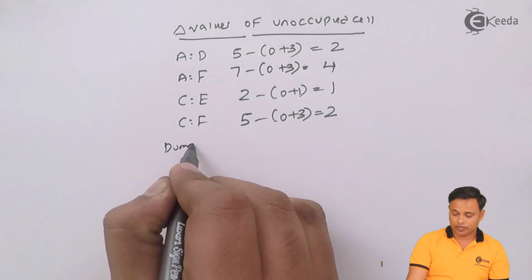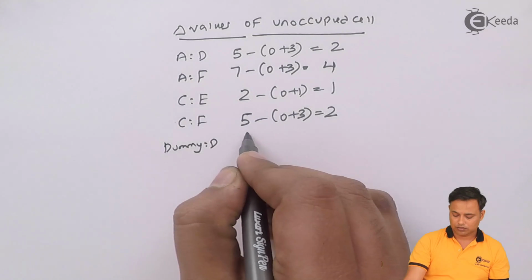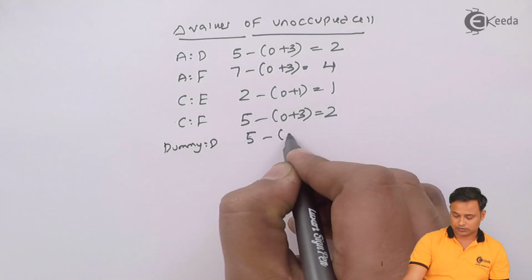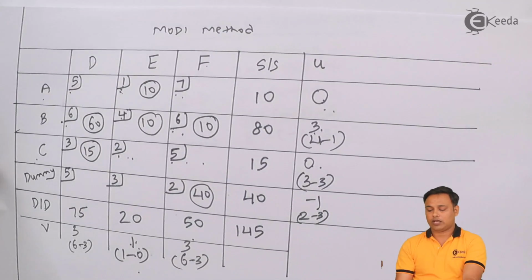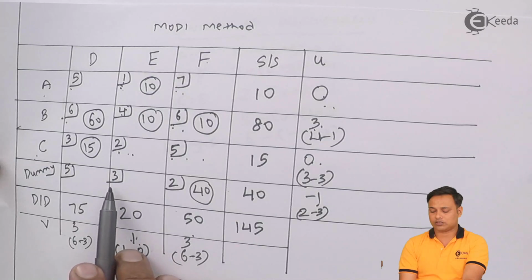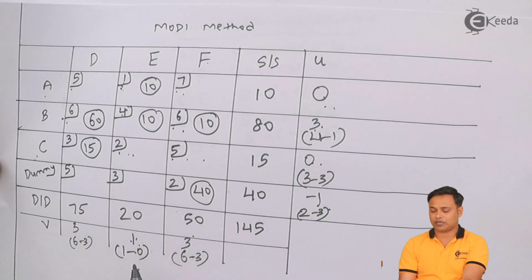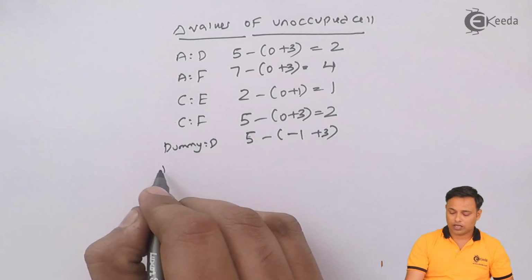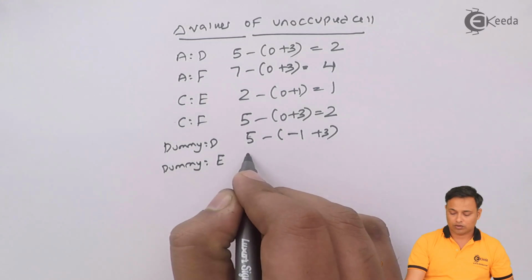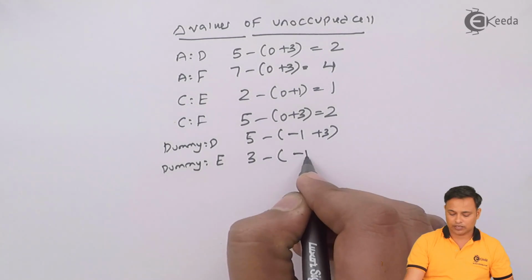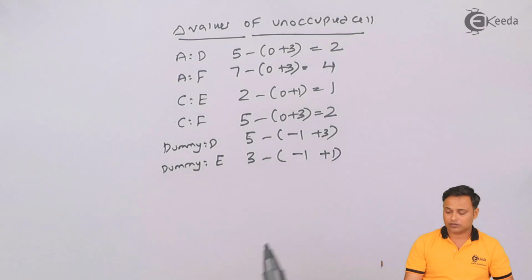So at dummy D, cost is 5 minus 1 plus 3. At dummy E, cost is 3 minus 1 plus 1.